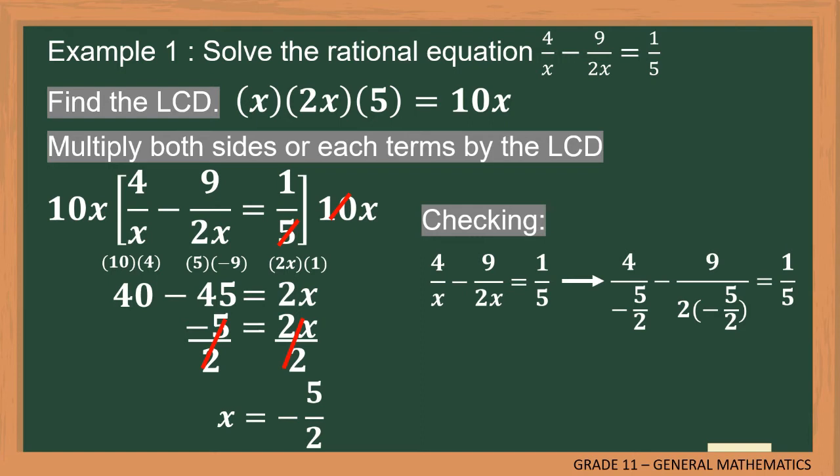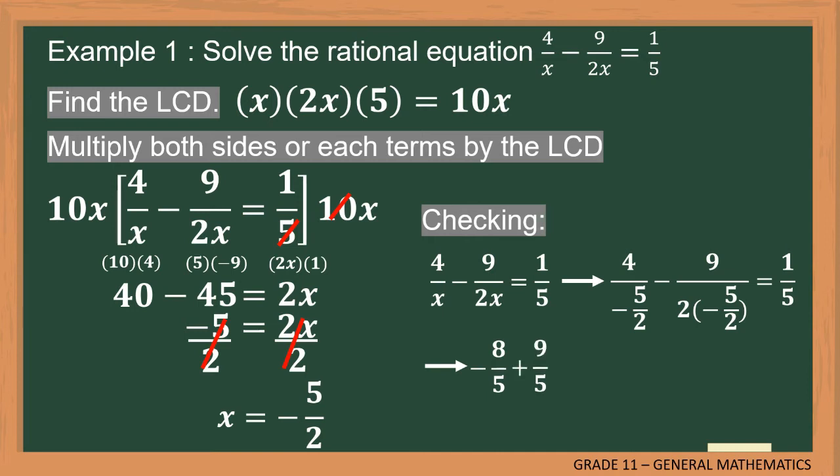So, pag dinivide natin ang 4 over negative 5 over 2, that will become negative 8 over 5. So, minus 9 over 2 times negative 5 over 2. So, ito, maka-cancel natin si negative 2, dahil considered as negative 2 din naman yung denominator ng 9. So, may iwan na lang si 5.